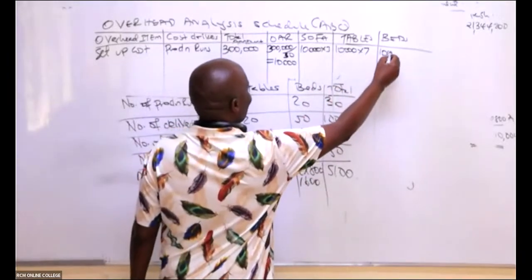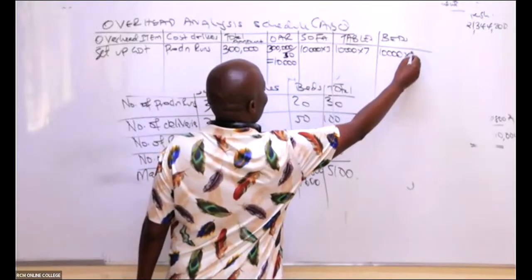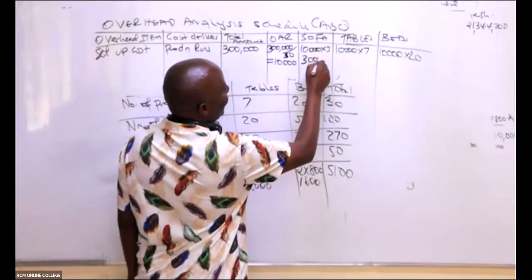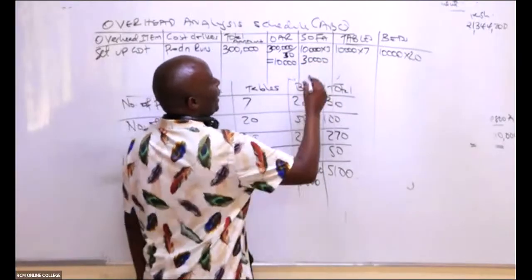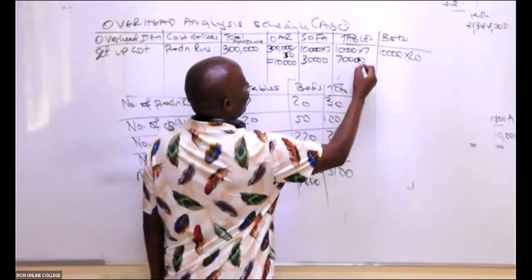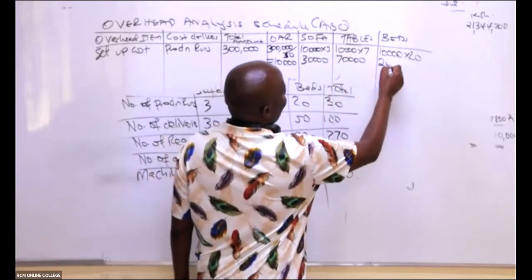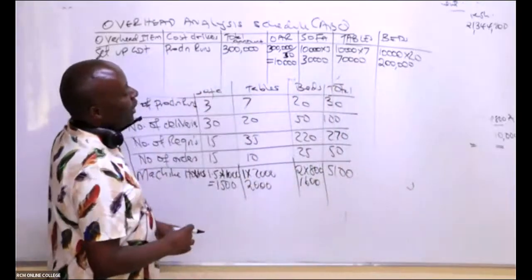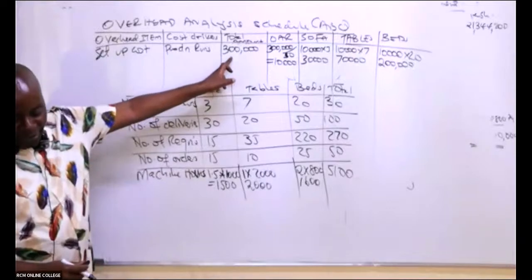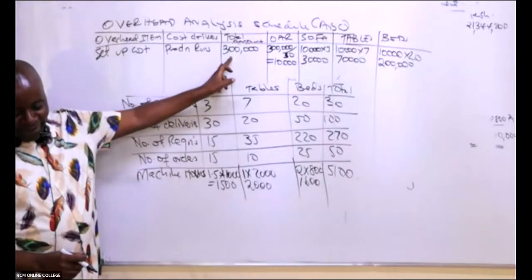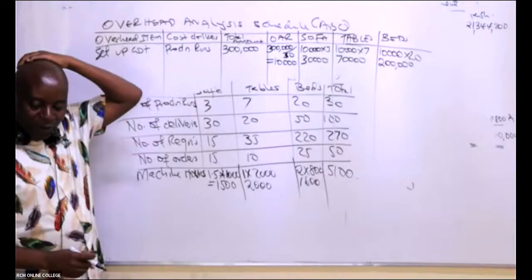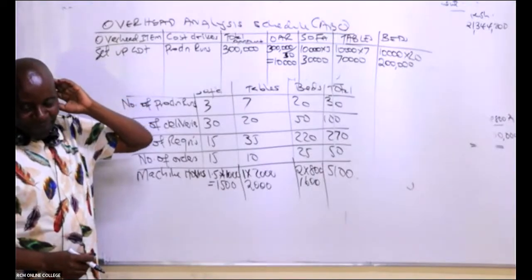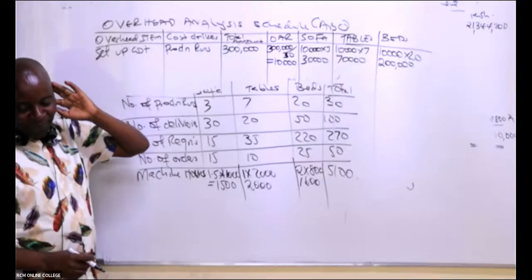This will be 10,000 times 20, which is 200,000. And the three, if you add them, they must give you a total of 300,000. Is that okay?